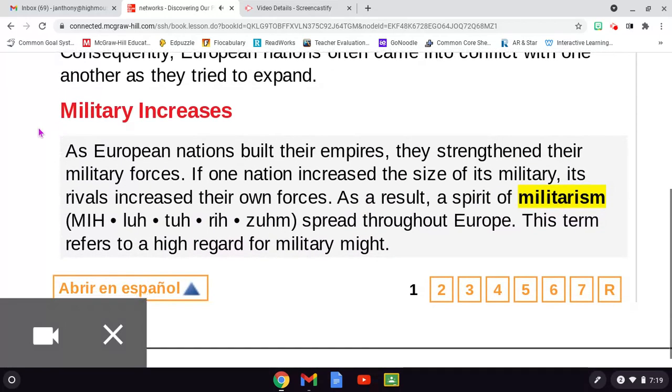Military increases. As European nations built their empires, they strengthened their military forces. If one nation increased the size of its military, its rivals increased their own forces. As a result, a spirit of militarism spread throughout Europe. This term refers to a high regard for military might.